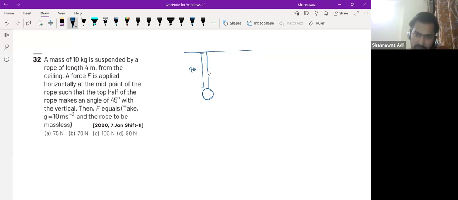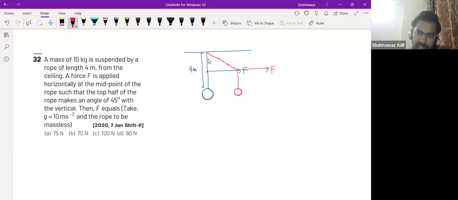So this is the midpoint of the rope, and a horizontal force is applied, such that the top half of the rope makes an angle of 45 degree with the vertical. So now we have stretched this thing. So this will become like this, and this is the force.